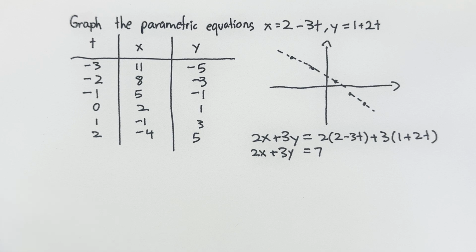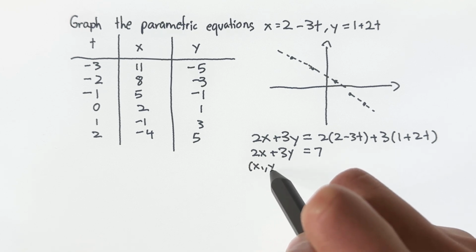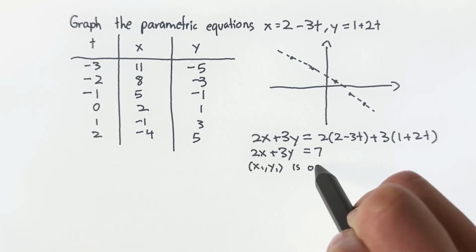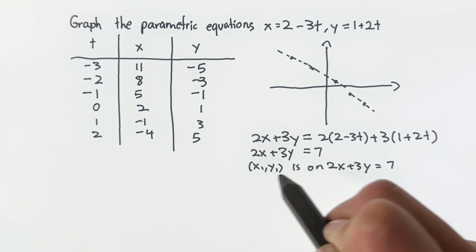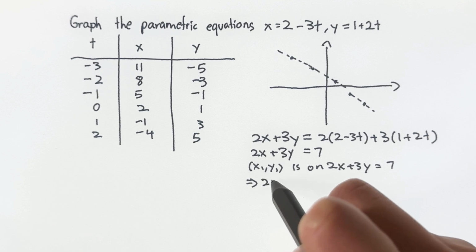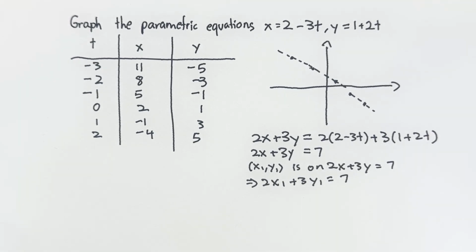Suppose that a pair of points, x1 and y1, as the coordinates, are in the graph of 2x plus 3y equals 7. So we have the point (x1, y1) is on 2x plus 3y equals 7. So 2x1 plus 3y1 equals 7.